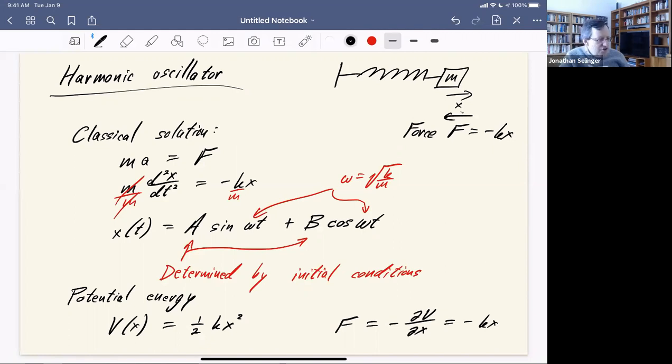So this is one of the standard problems that you learn about in university physics, or wherever you begin studying classical mechanics.